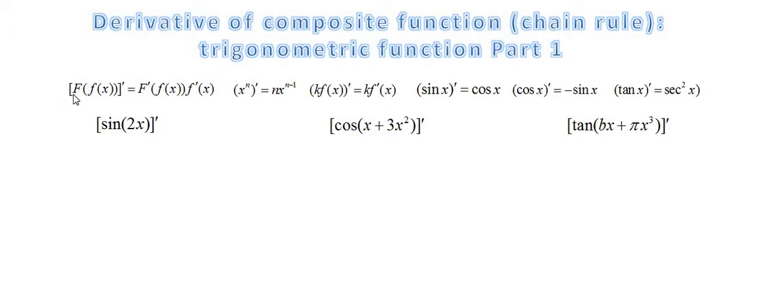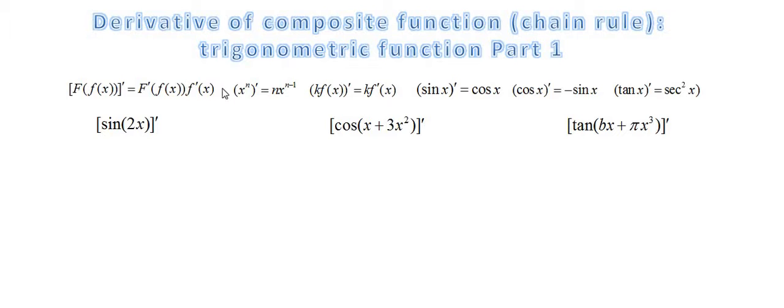For example, if capital F is sine, then the derivative of capital F should be cosine. If capital F is cosine, then the derivative of capital F is negative sine. If capital F is tangent, then the derivative of capital F is going to be secant squared.